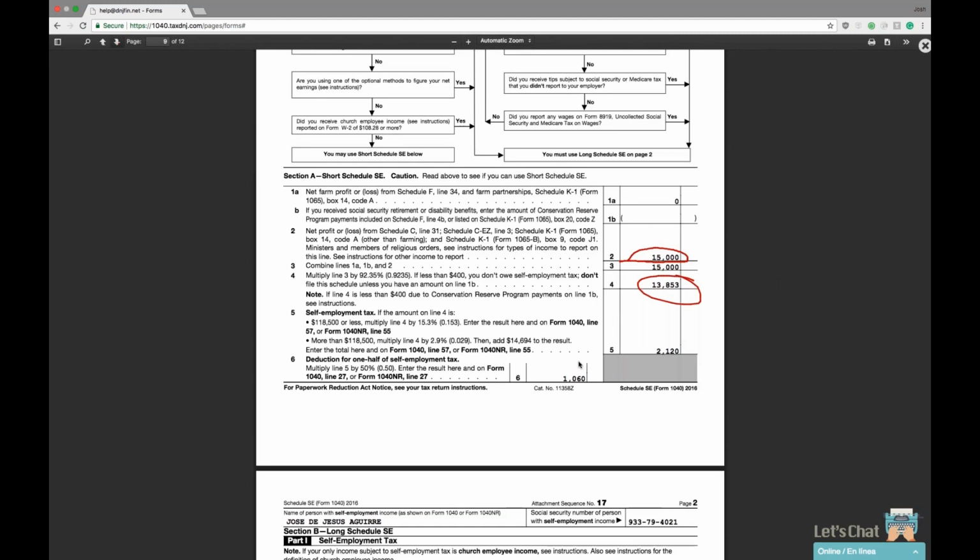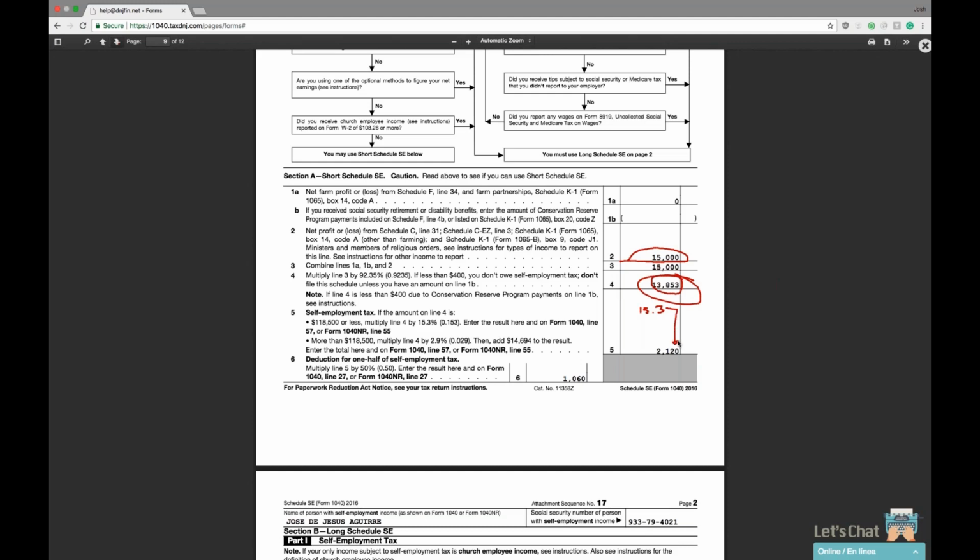So 13,853 times 15.3% gives you, if you multiply this number right here by 15.3%, this number right here.